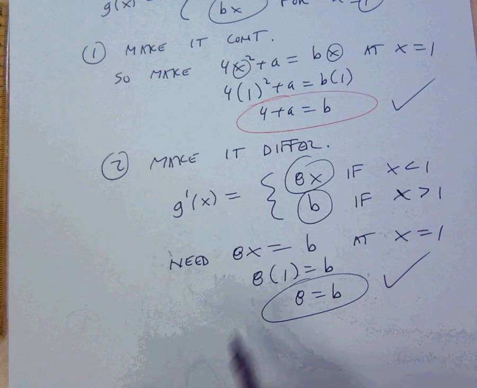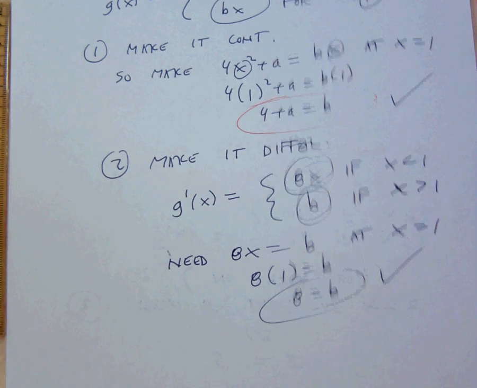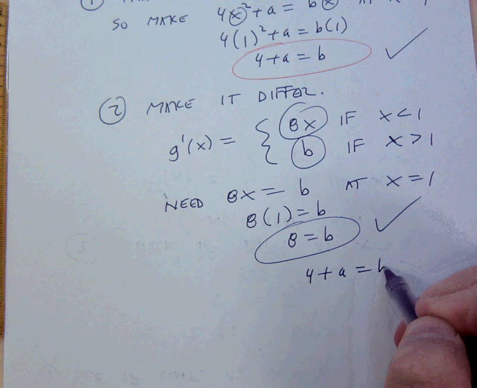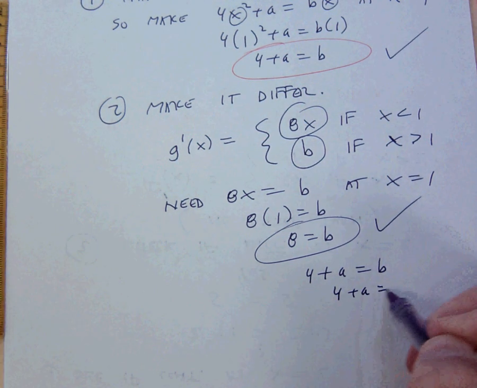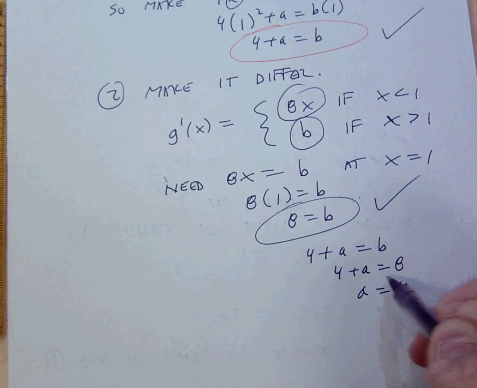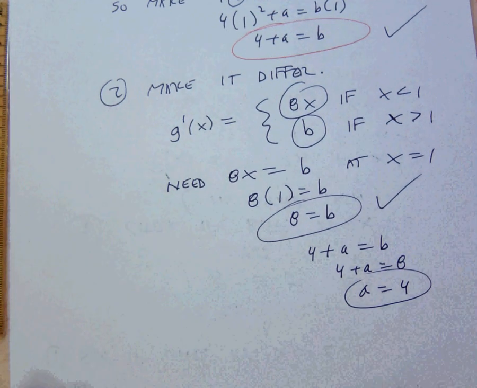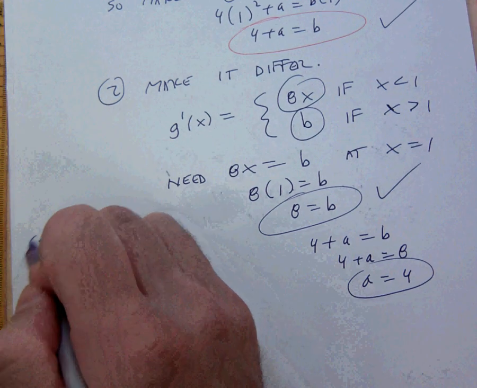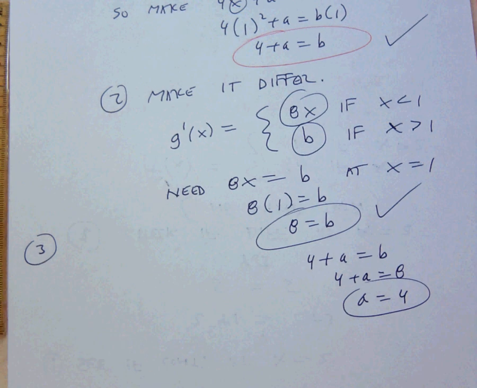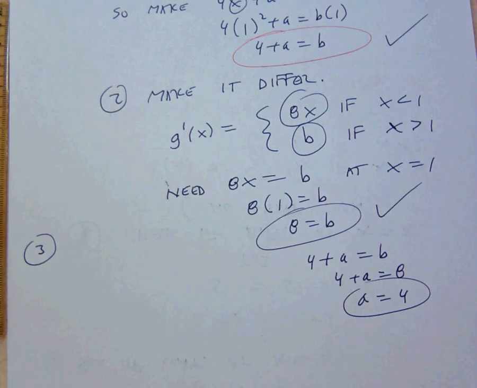So once I have B, how do I find A? Well, 4 plus A equals B, so 4 plus A equals 8, so clearly A equals what? 4. Okay. So there you go. So guys, by making b equal to 8 and a equal to 4, I will make that original function what?